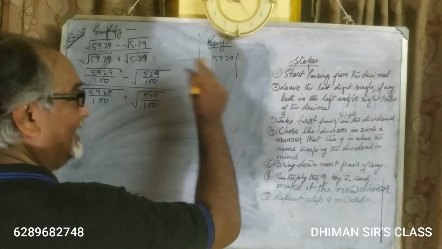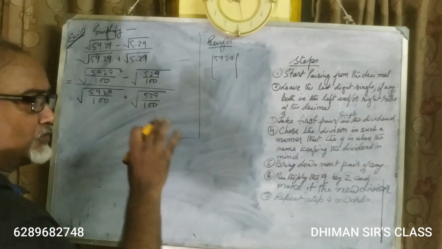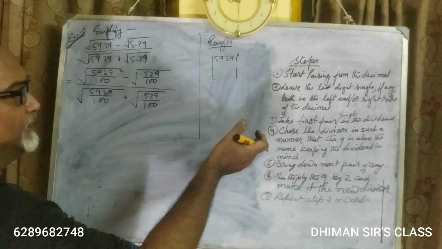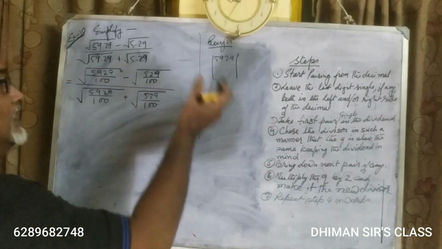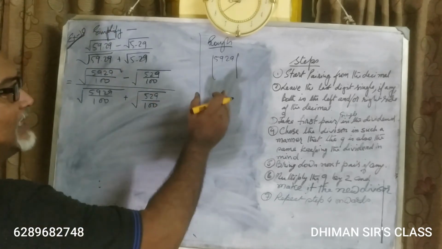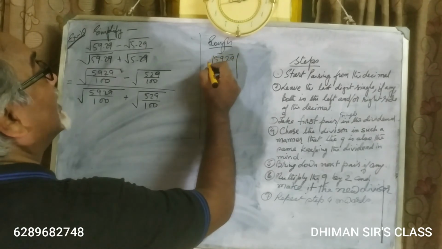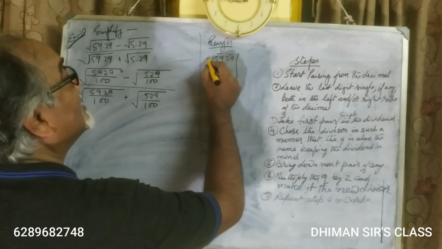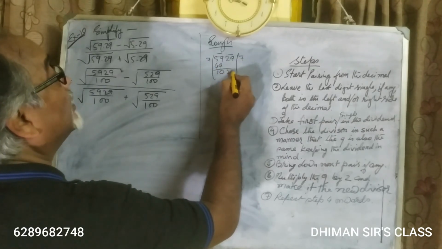5929. Now in this sum, showing the division method of square root is becoming a rough. But that depends upon school to school. If your school teacher says show it in the fair also, you will have to show it. But I think it's better to do it in the rough, so I am doing it here. So pair, 7 7s are 49, 8 8 is 7, 7 7s are 49, 0, 1, 2, 9.